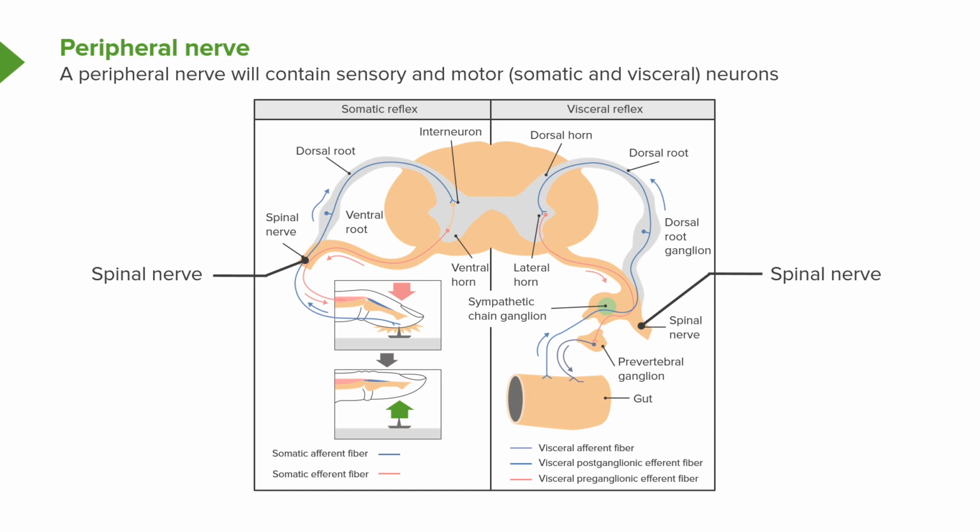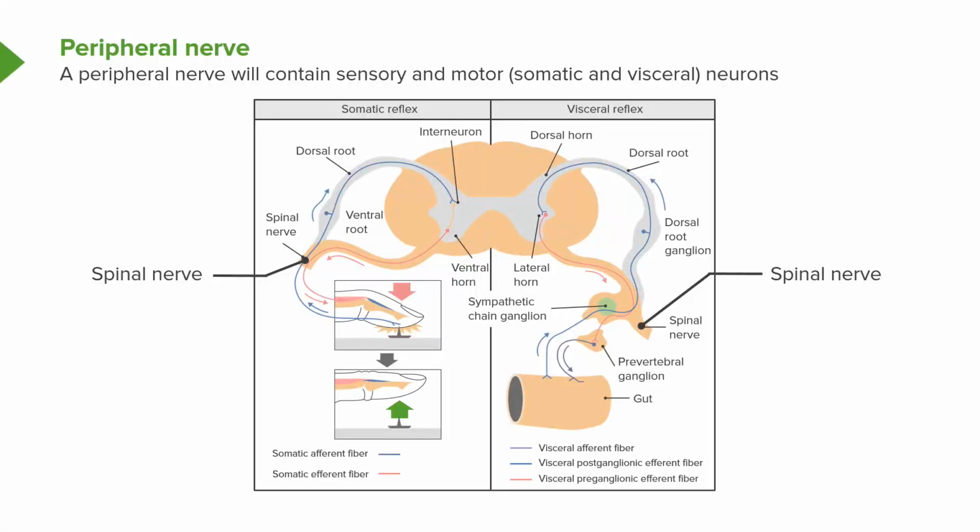But information is received from that structure, that internal visceral organ, and the information passes through the spinal nerve into the dorsal root and into the central nervous system. Again, the cell body of this visceral afferent sensory neuron is located in the dorsal root ganglion. All sensory neurons' cell bodies are located in these dorsal root sensory ganglia, unless they're in cranial nerves.